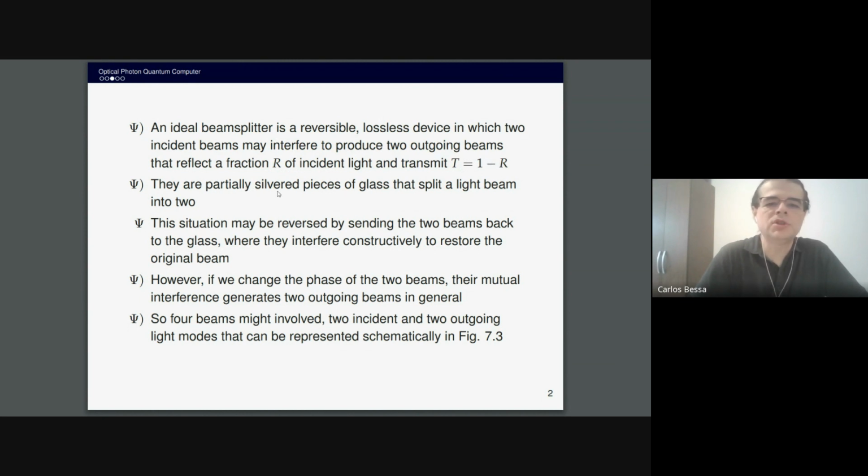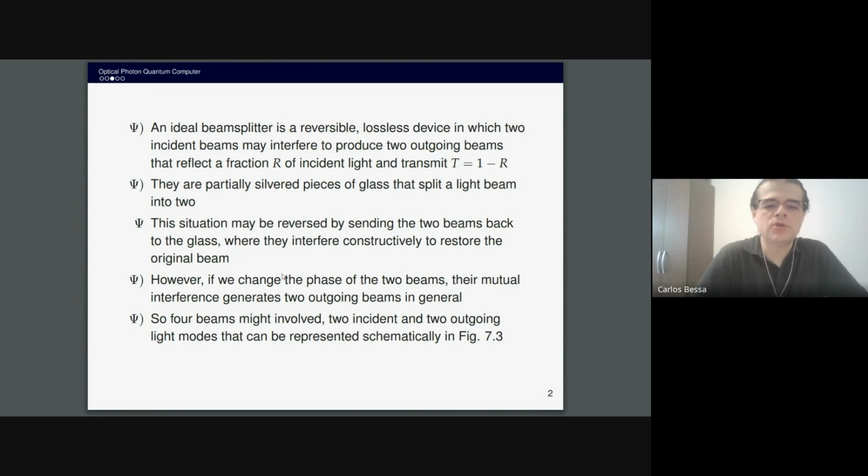They are partially silvered pieces of glass that split a light beam into two. This situation may be reversed by sending the two beams back to the glass, where they interfere constructively to restore the original beam.